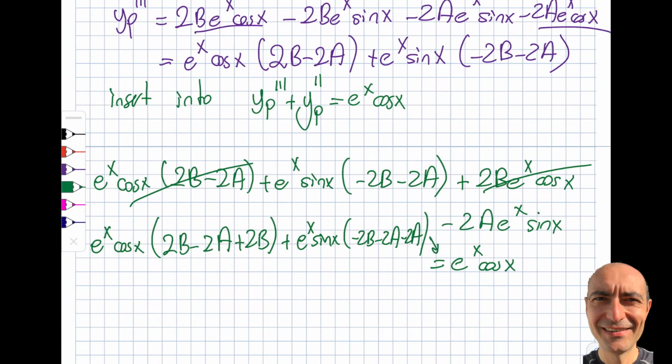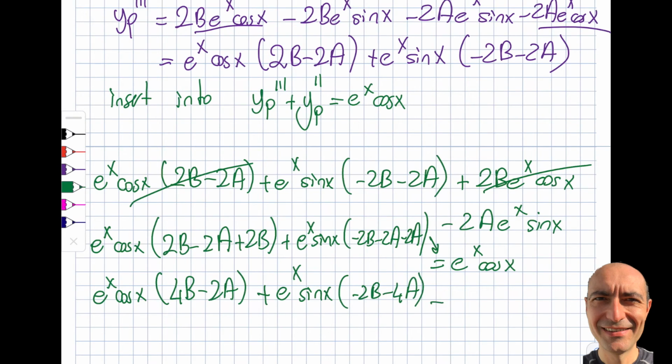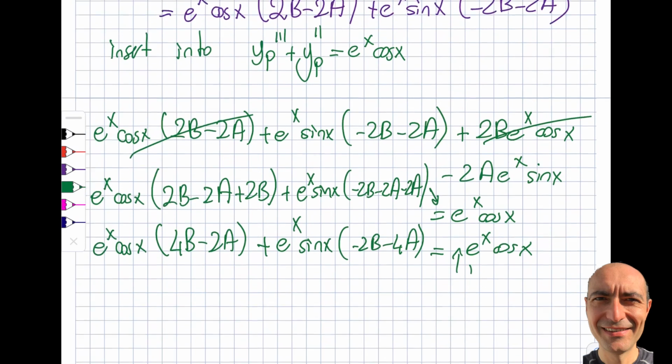Is equal to basically this. So if I simply rewrite this, you're going to see e to the x cosine of x times 4b minus 2a, plus e to the x sine of x times minus 2b minus 4a, will be equal to e to the x cosine of x with a multiplication of 1.